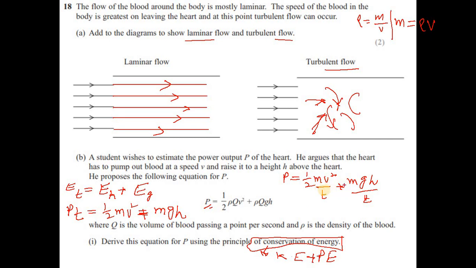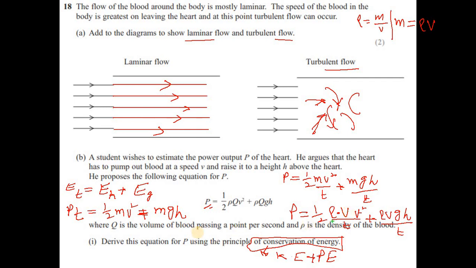So I can rewrite this equation as P equal half m, m is rho into V, v square divided by t, plus m is rho V gh by t. Remember, there is a difference between this V and this V. This is the velocity square and this is the volume.